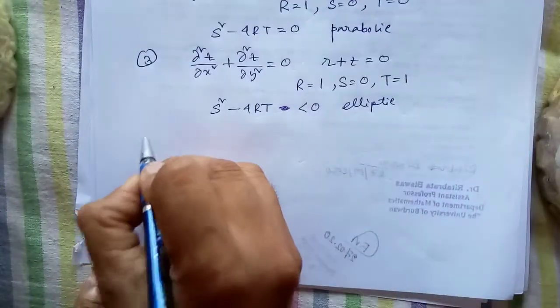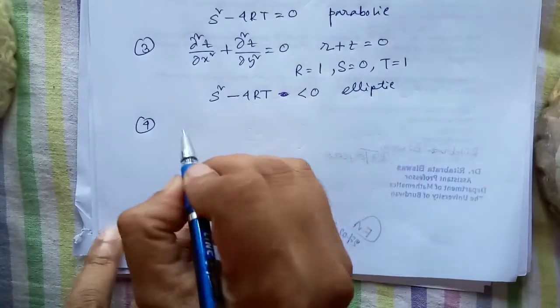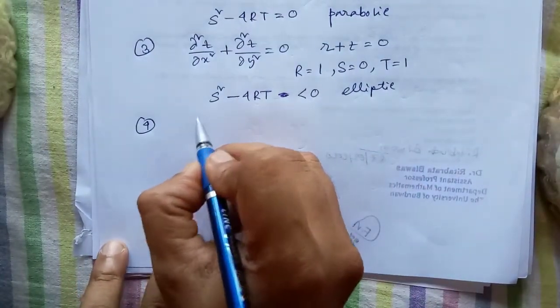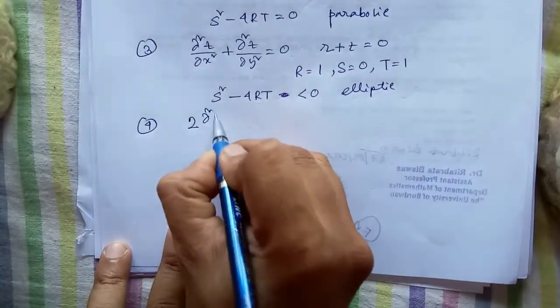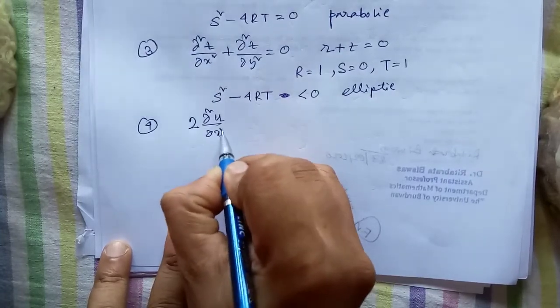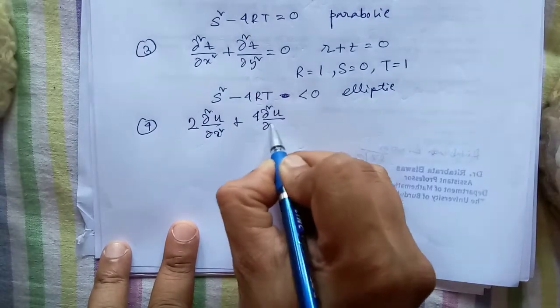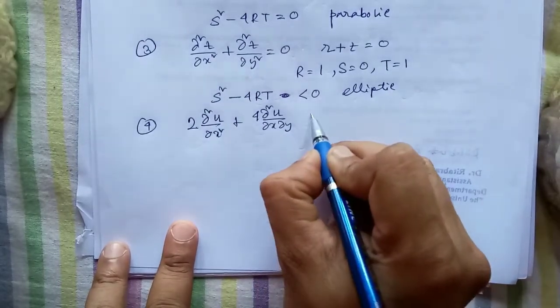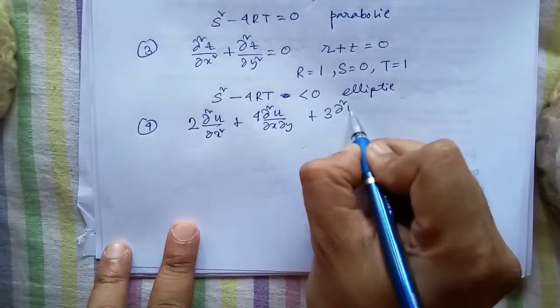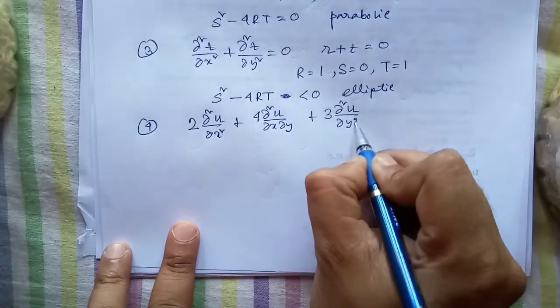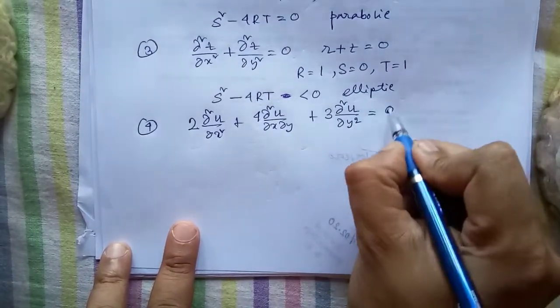Next one, 2 ∂²u/∂x² + 4 ∂²u/∂x∂y + 3 ∂²u/∂y² = 2.